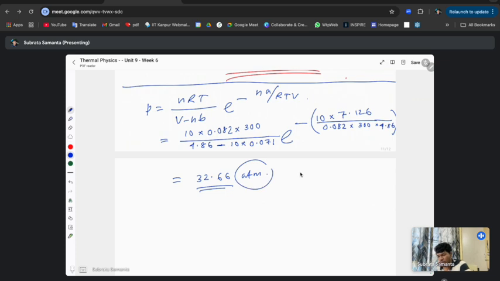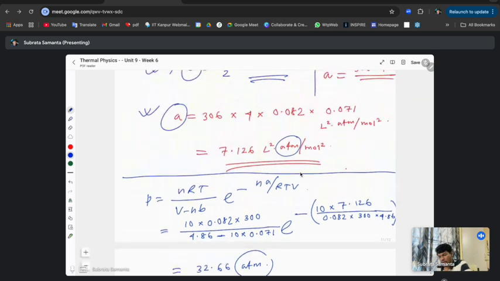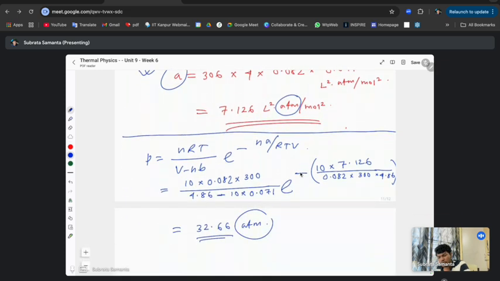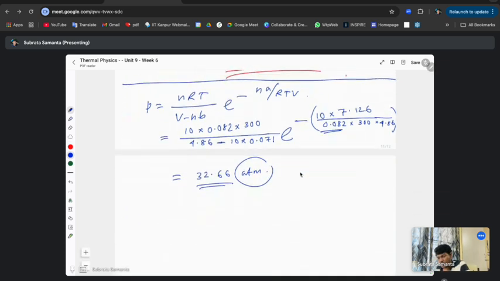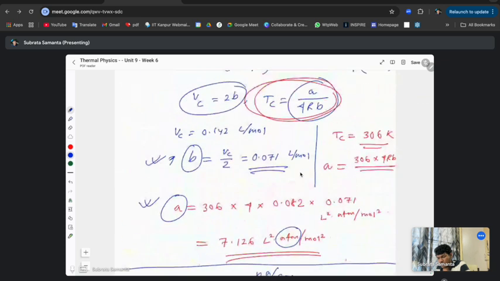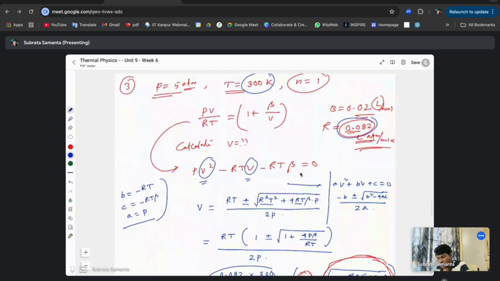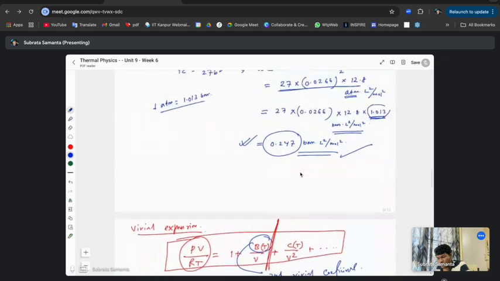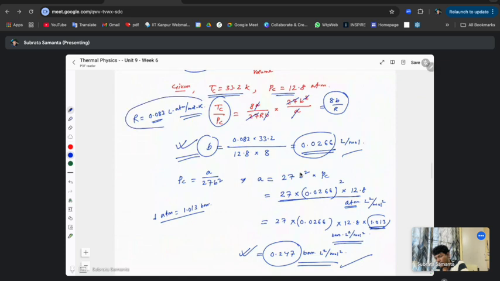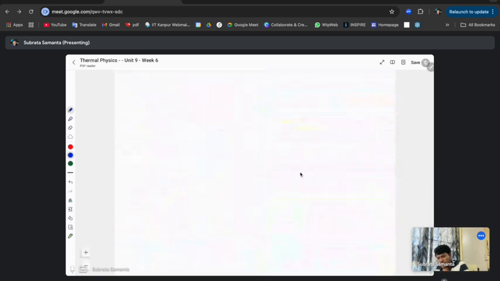Check the unit, because this is in atm. The value of a is in atm, and for RTV also, I used the value of R in atm, so 0.082 liter atm. So I have to use atm. Fine, so then this is in atm.